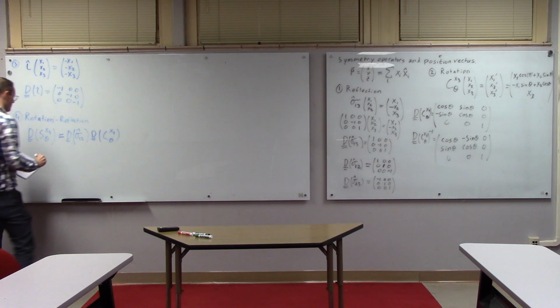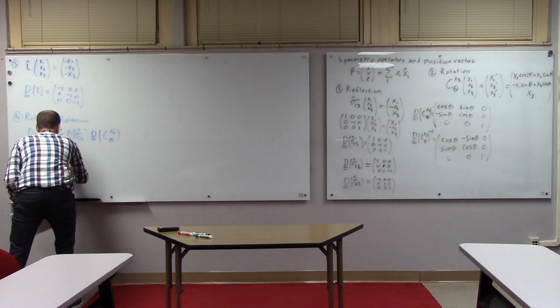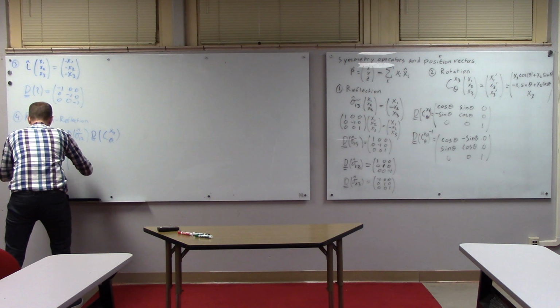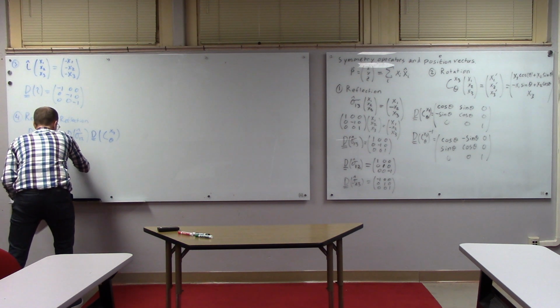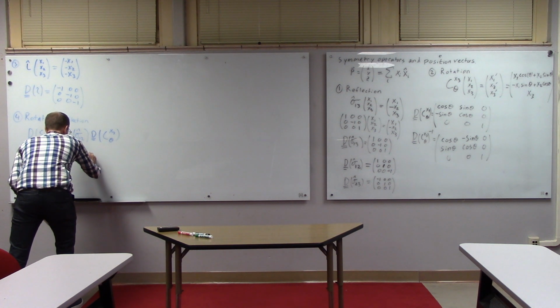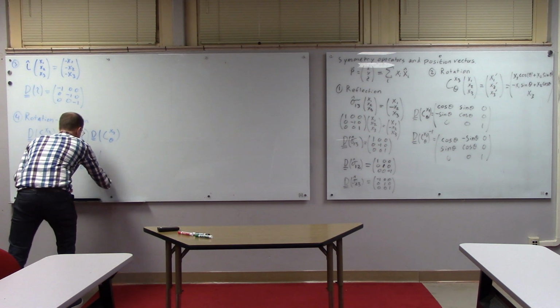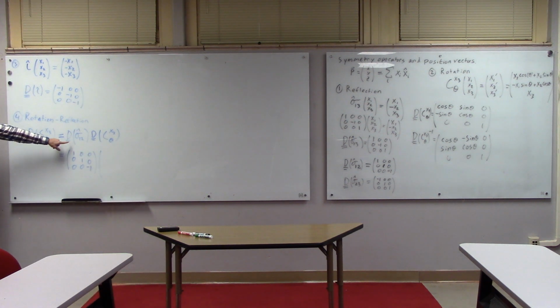Okay, and if you multiply the matrix representations together for those two operations, the 1, 2 reflection basically inverts the z coordinate. It multiplies the z coordinate by -1. So that was the matrix for this operation.